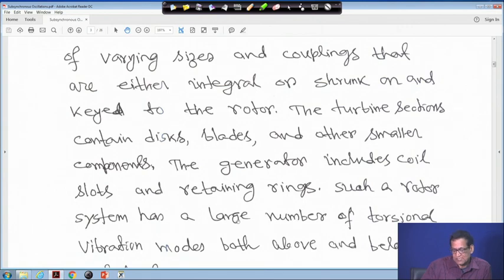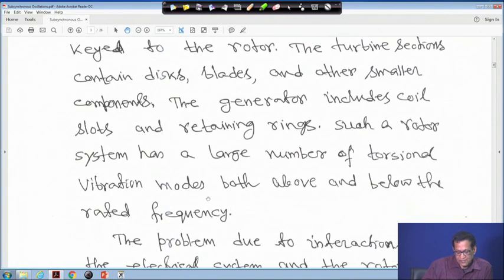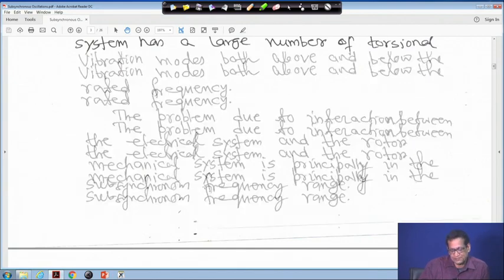Such a rotor system has a large number of torsional vibration modes both above and below the rated frequency. The problem due to interaction between the electrical system and the rotor mechanical system is principally in the sub-synchronous frequency range. These are things studied by many researchers in the past, and only a little bit we will study in this lecture.